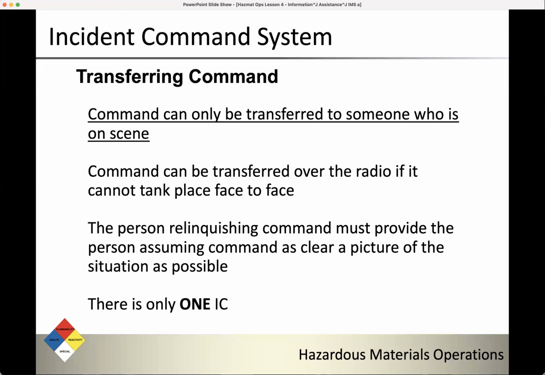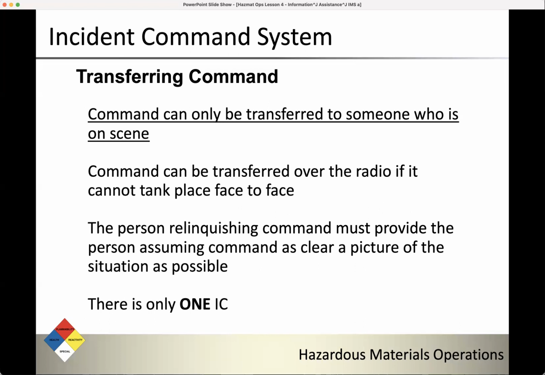Sometimes an incident is so large that the person who is relinquishing command and the person assuming command cannot meet face to face. That is the best way to do it, face to face.